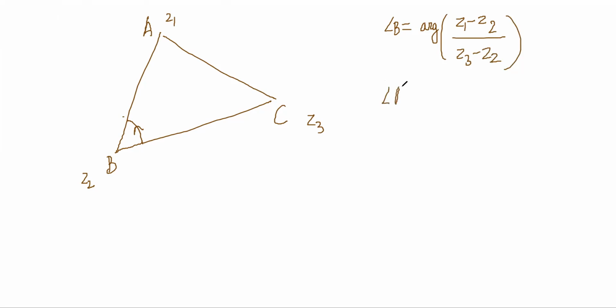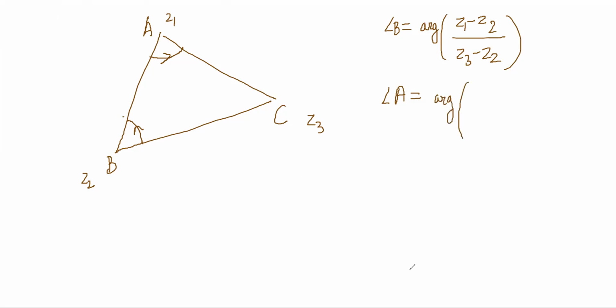Let's think about angle A. First, draw an anti-clockwise arrow. The more anti-clockwise side is this one, and the less anti-clockwise side is this one. Are you understanding what I'm saying?